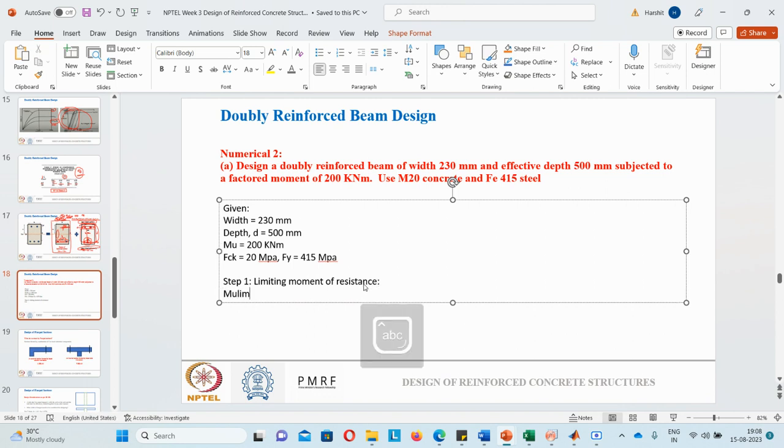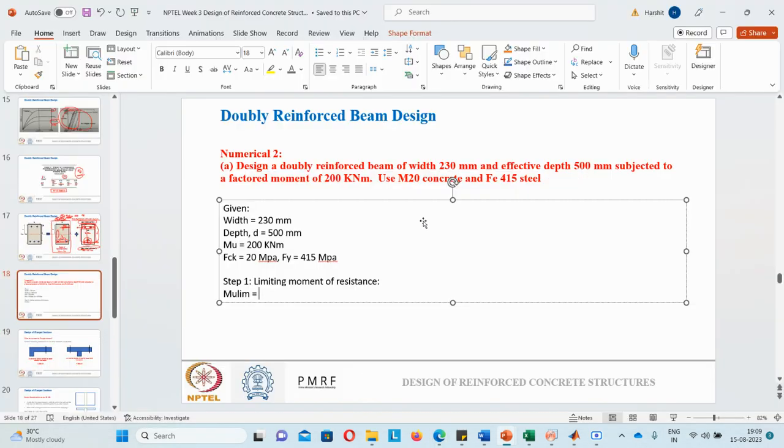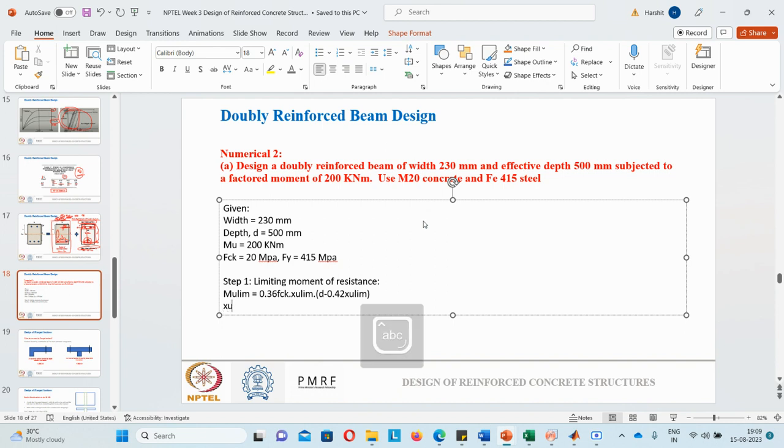So how will we get Mu limiting? 0.36 fck b xu limiting times (d minus 0.42 xu limiting). And what is the value of xu limiting? We saw in the last question also it is 0.48 times d, so it will come out to be 0.48 times 500, which is equal to 240 mm.